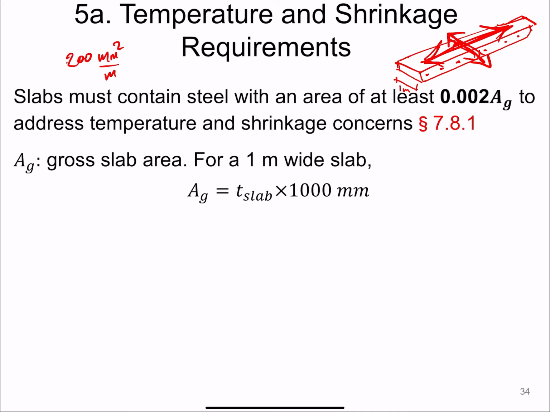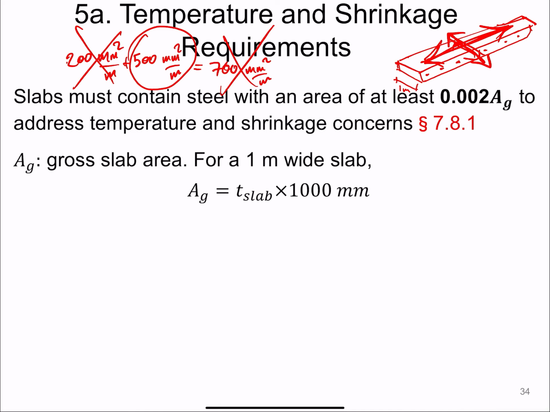And then for strength you require 500 square mm per meter. And they say, oh, do I need now 700? No, you are allowed to use your flexural steel also as temperature and shrinkage reinforcement. So that's how you're going to think about the two requirements together.